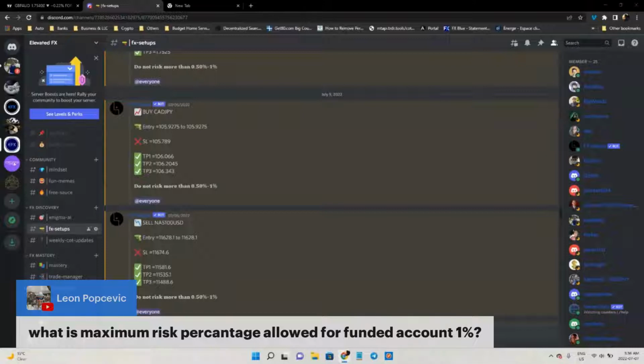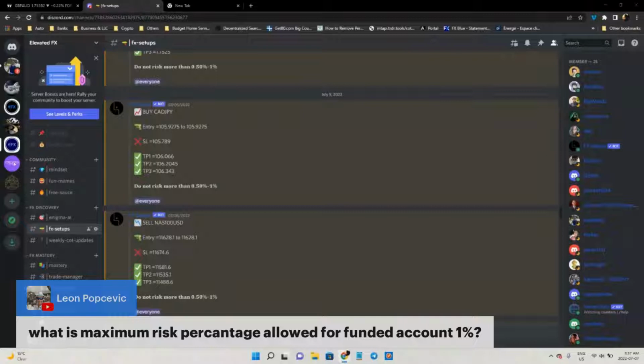But you have to look at each prop firm to see exactly which one has a maximum risk or whatnot. Overall, I don't think there's a maximum, but I have to double check. With the lot size that I use, I never have any issues, especially with FTMO.